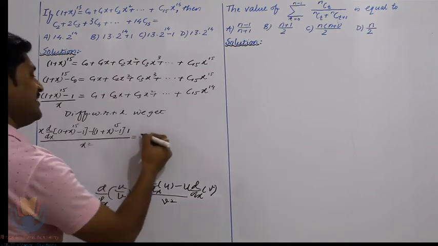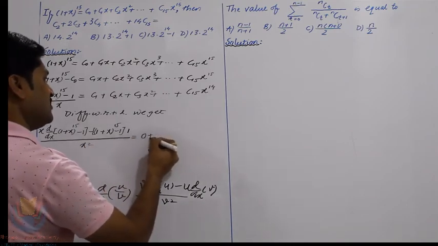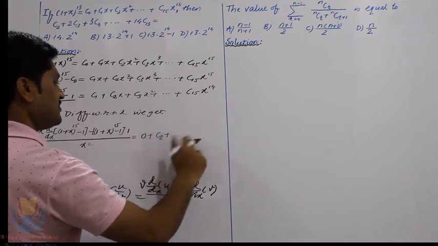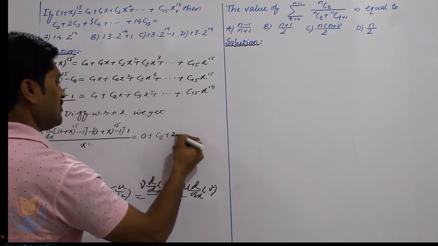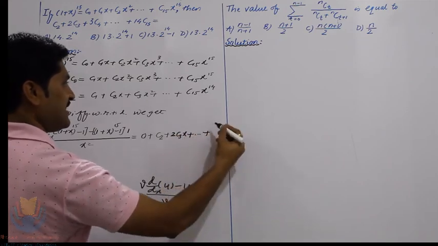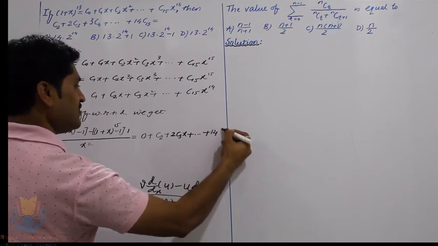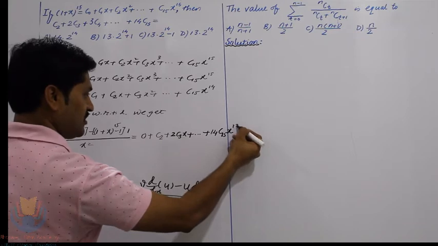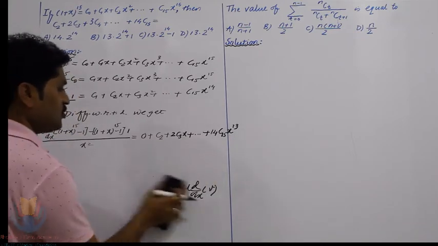And here in the right-hand side it is going to be 0 + C2 + 2C3 x + ... + lastly 14C15 x^13. So let's simplify it.